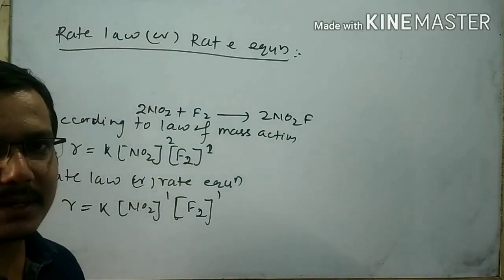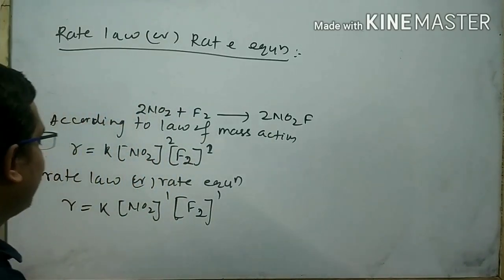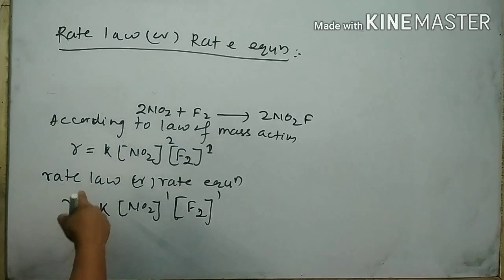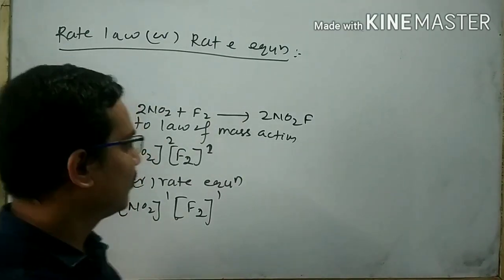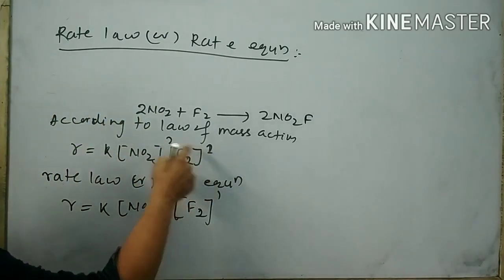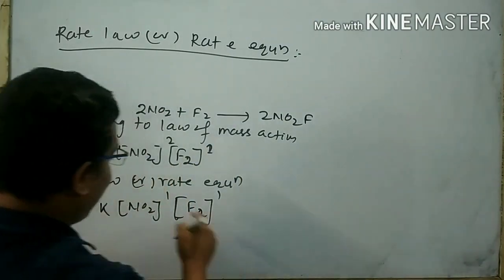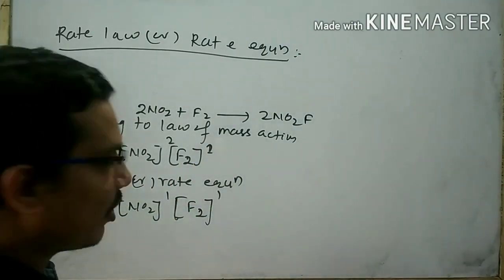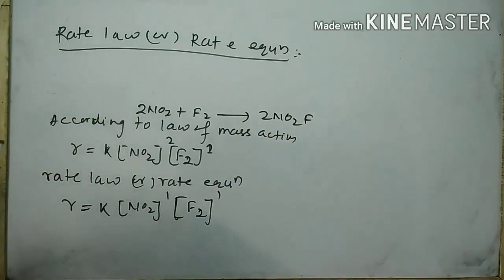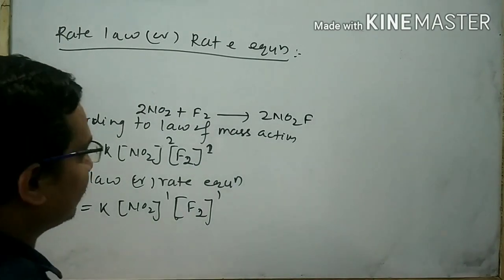By taking the experimental data, we can write the rate of reaction according to the rate law. The sum 2 plus 1 gives the molecularity and 1 plus 1 gives the order of reaction. Order of reaction can be calculated with the help of rate law.